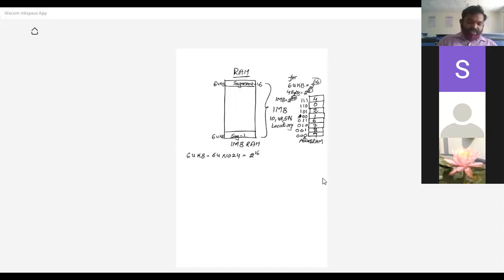This 16 indicates the size of the address bus. Or simply, how you write 64 into 1024 is equal to 65,536 locations.